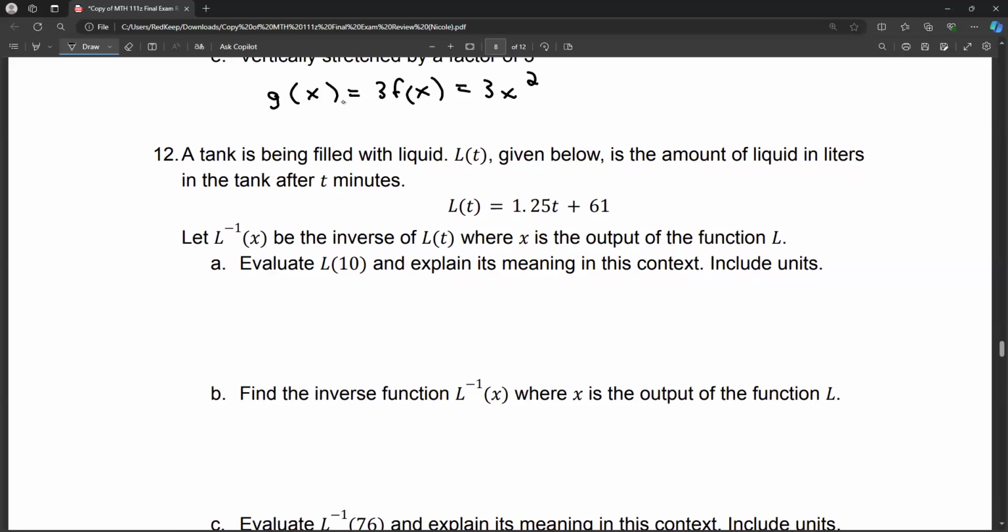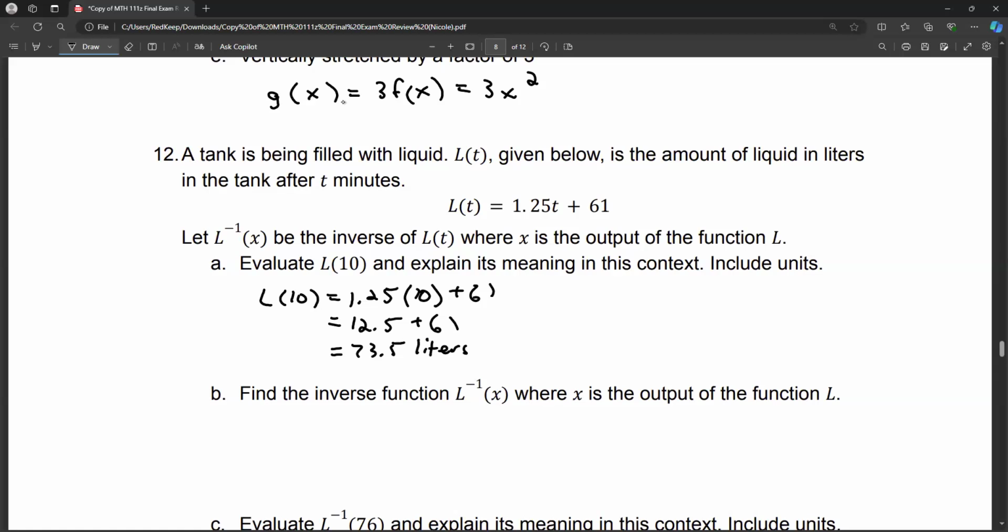So here, I'm going to plug in 10 wherever there's a t in our equation, just like so. The result is 12.5 plus 61, which is equal to 73.5. And the units are liters.